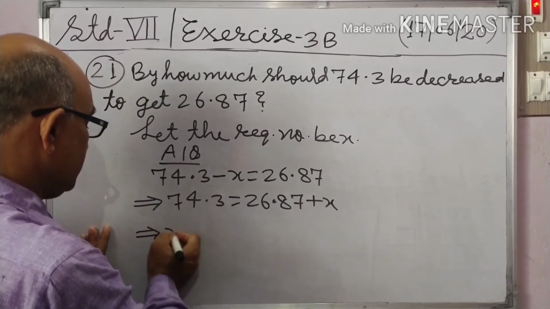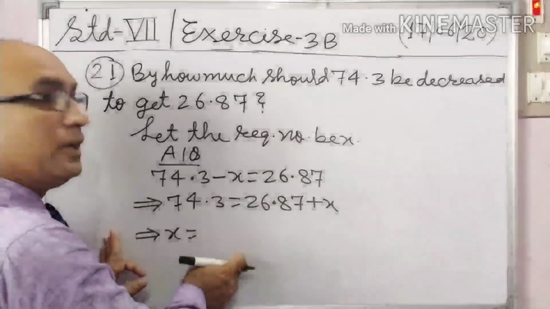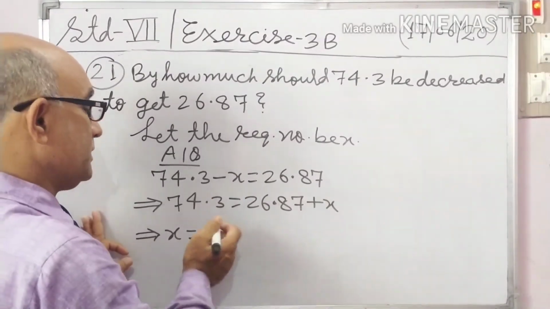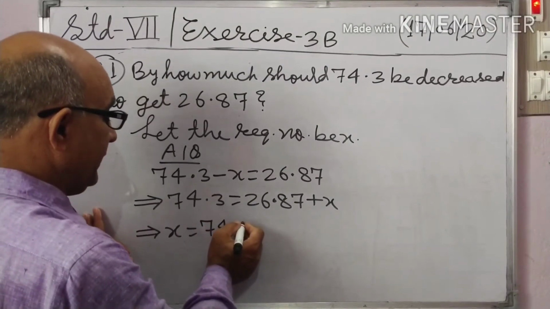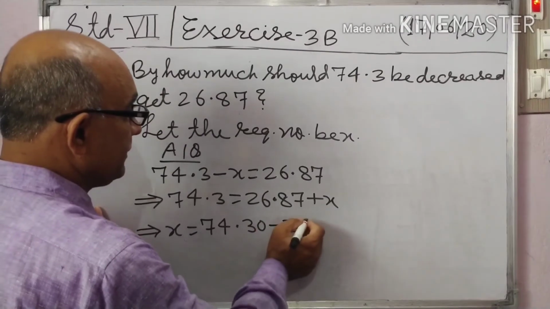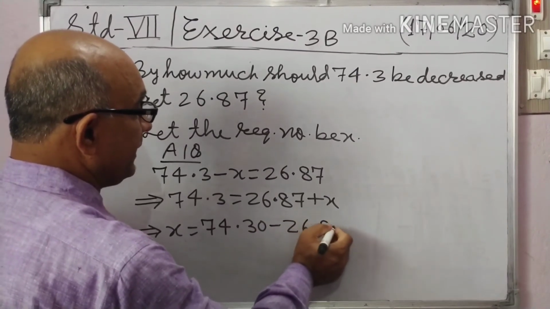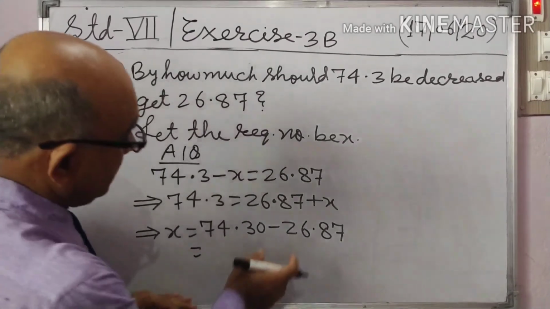Now x equal to 74.3 minus 26.87 by transposition. So 74.3 changes into like decimals, so 74.30 minus 26.87. Here subtract it.